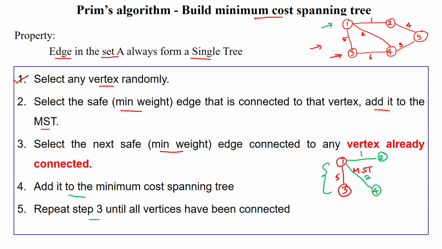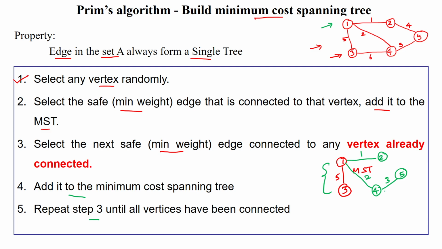Then you can select another minimum weight edge, that is 3, which connects 5 from 4. So now we have visited all the vertices, that means all the connected vertices available, so we can stop the algorithm. Here we can identify the minimum cost spanning tree by using Prim's algorithm.